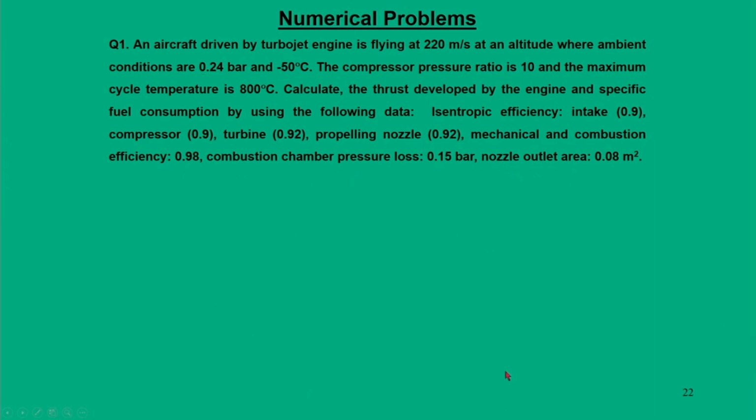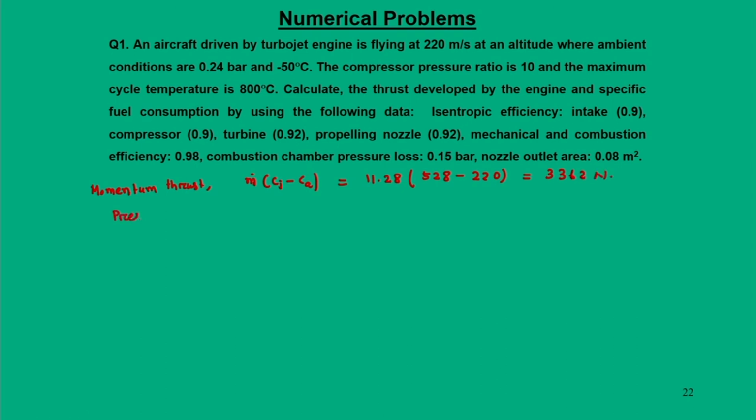Okay. And the last segment that we are going to calculate is about specific thrust. Here there are two parts, one is momentum thrust, which is m dot times Cj minus Ca. We know m dot is 11.28, the jet velocity is already found as 528, Ca is 220, and this number is 3362 Newton.